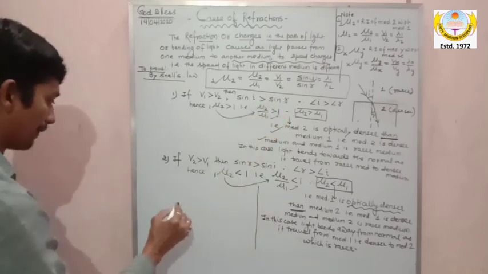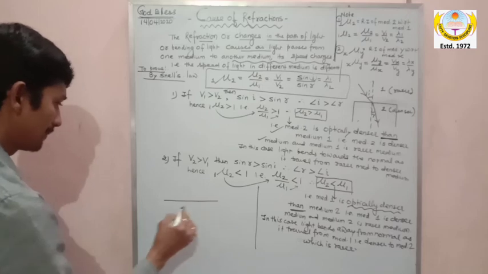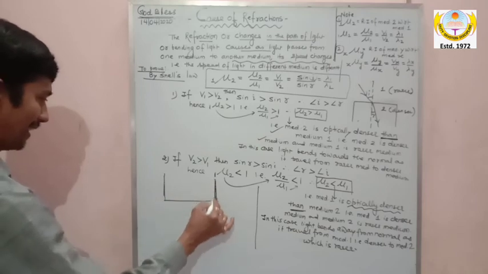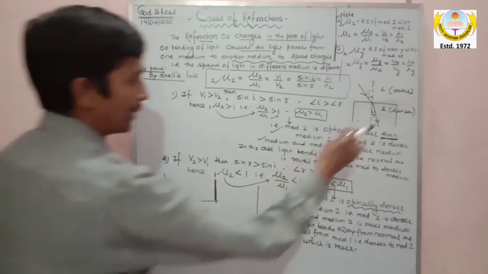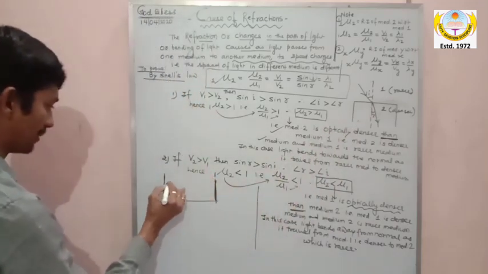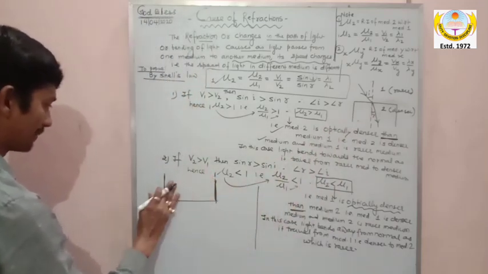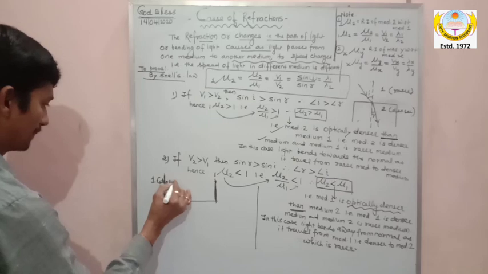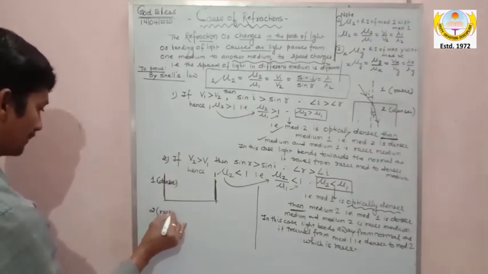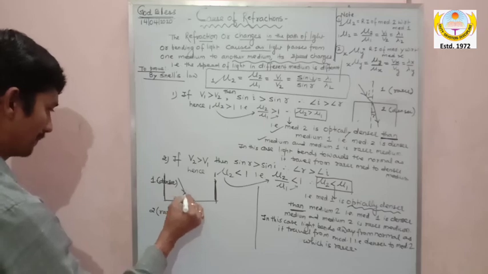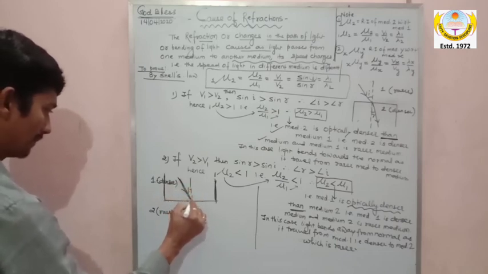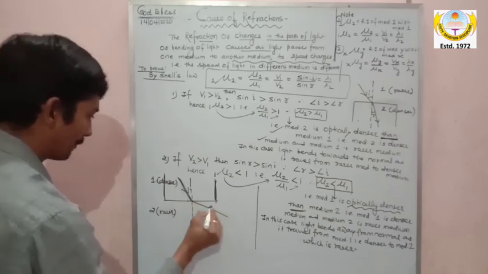And the diagram for this question will be like this. We enclose the denser medium a little, making two box-type regions. That is denser. Here I had the denser medium at the bottom; here the denser is on top because 1 is denser now. So medium 1 is denser and medium 2 is rarer now. So light came here like this. This is the normal and it will bend away from the normal like this.